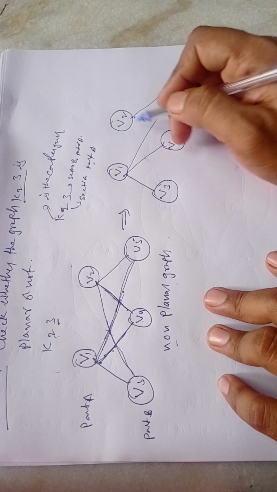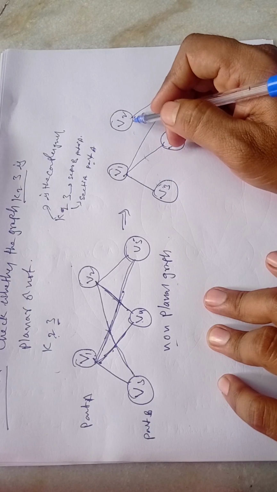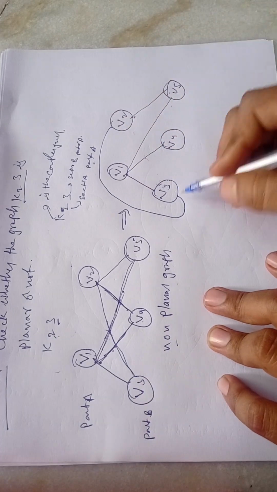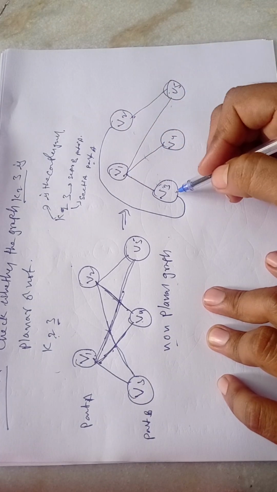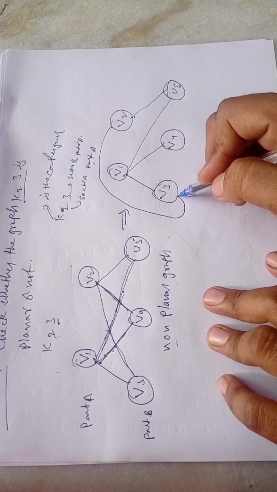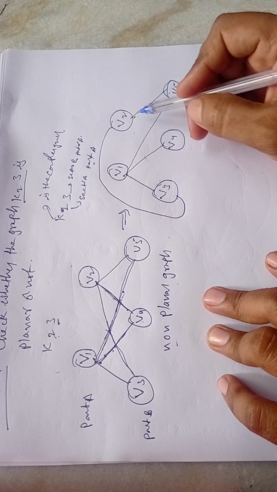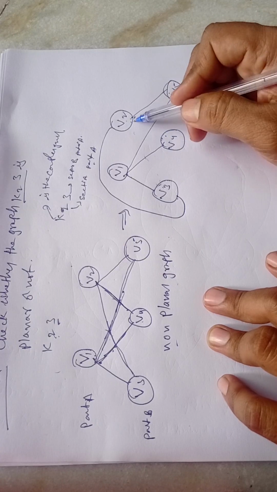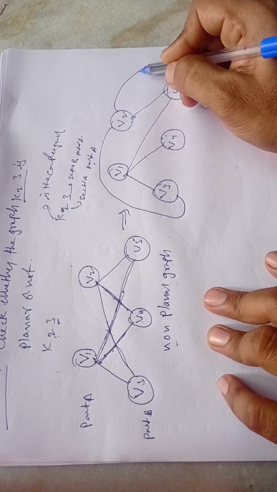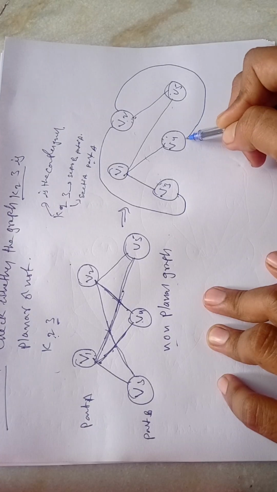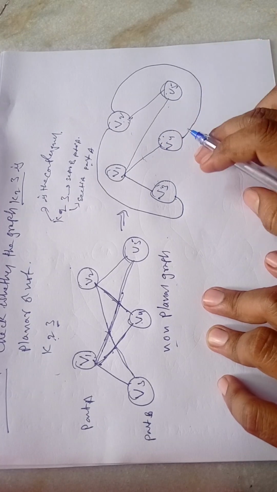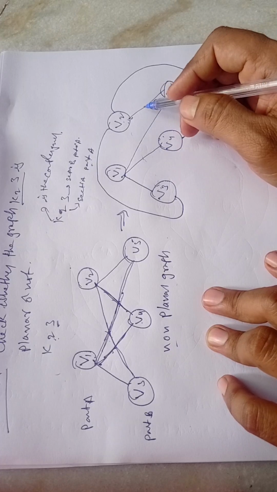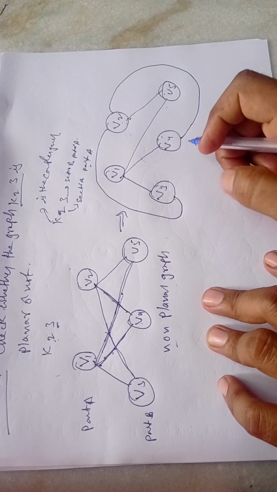Instead of the direct line V2 to V3, we route V2 to V3 along the outer edge, and similarly V2 to V4. Now there are no crossing edges, so it is a planar graph.